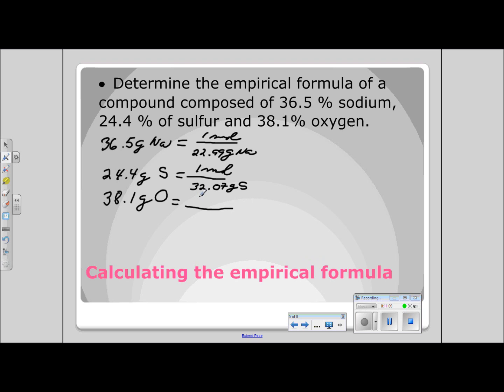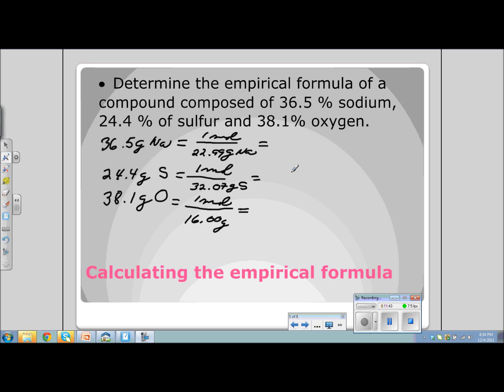We're going to convert to moles: 1 mole of oxygen divided by 16.00 grams. Pause once more and go ahead and solve for these values.